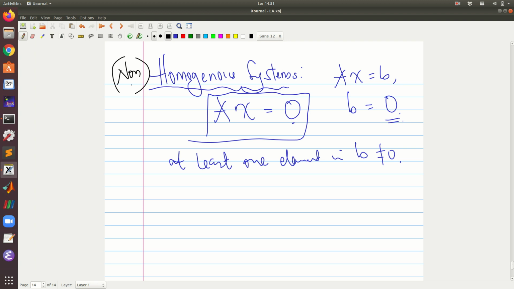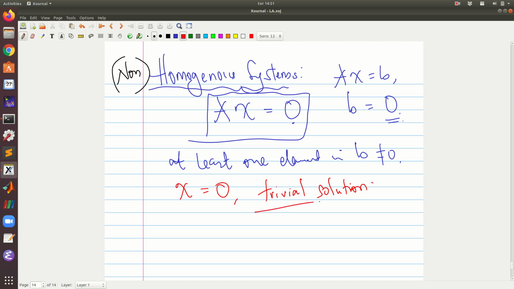Something we will need to note here is that, okay, I'll come back to that in a bit. Let us state right now, I think I mentioned this previously, that if we get the solution x equals the 0 vector, we call this the trivial solution.